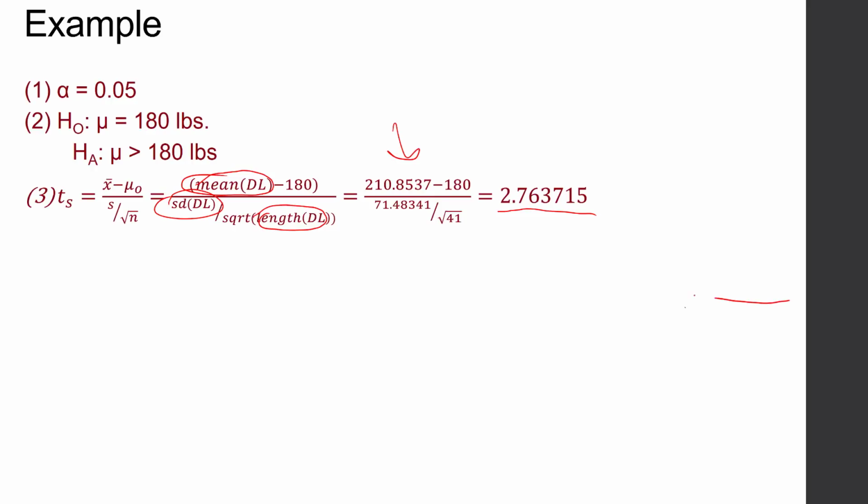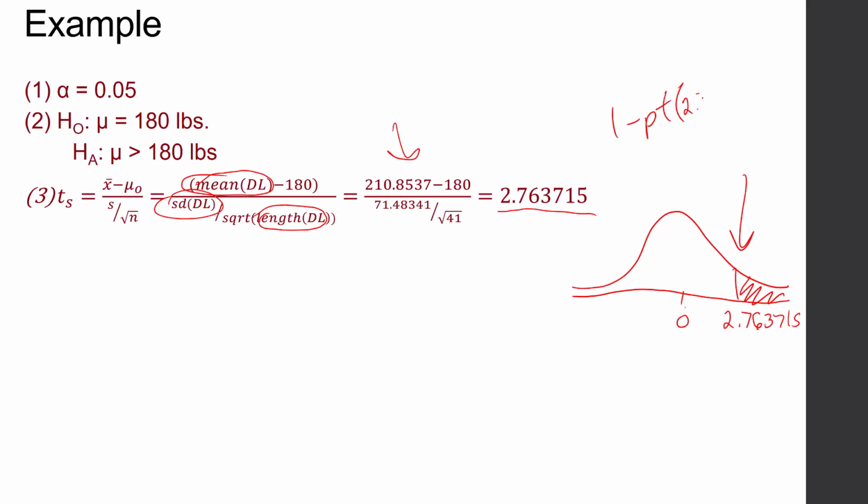So now I need to find my p-value. Since my alternative is the greater than, my p-value is going to be the area to the right of 2.763715. How am I going to get that? Well, that's 1 minus the p function for the t-distribution, so pt.